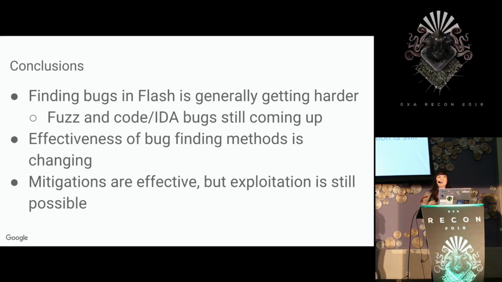The more you find bugs certain ways, other people will start doing the same thing, and they start getting more depleted. So I suspect over time I'm going to end up using all of these to find bugs, depending on where they're still available. I'd say mitigations are also effective, but it's definitely possible to exploit stuff as well. So I think it's important that we do both of these, both improve mitigations and keep finding bugs so that there's less of them and Flash becomes more secure.